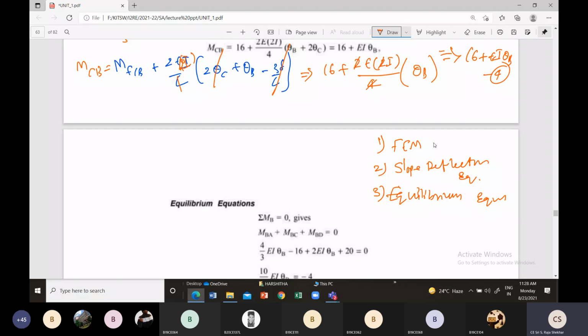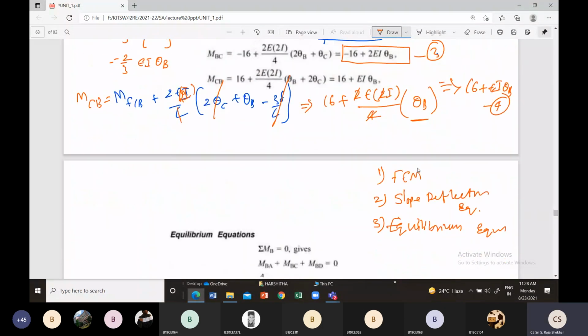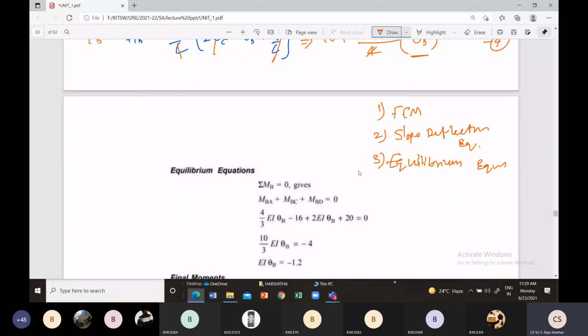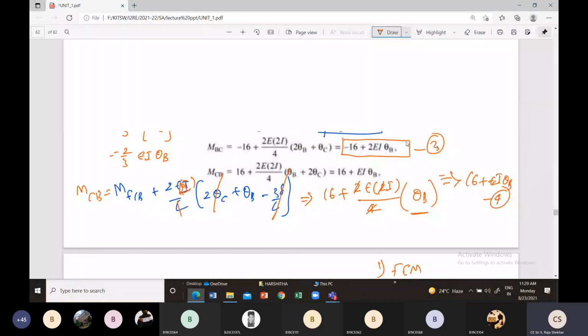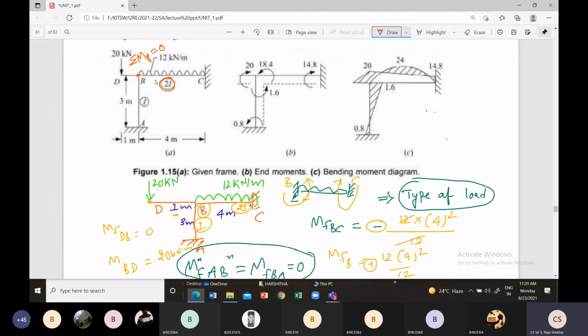Here, if you see, the only unknown everywhere is theta B. That means one equation is enough. It is enough to take any one equation. So here we have a joint B, and the summation of moments at joint B must be equal to 0. This is the joint equilibrium equation.